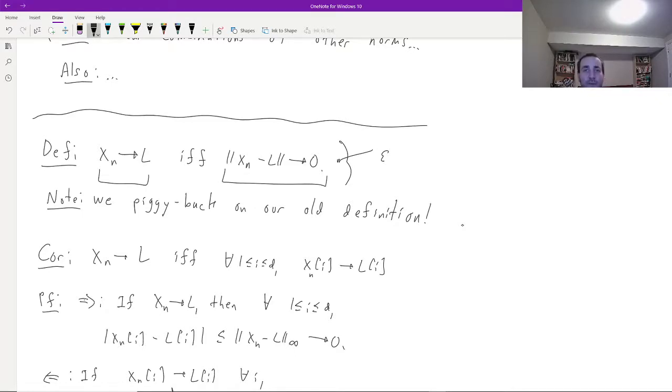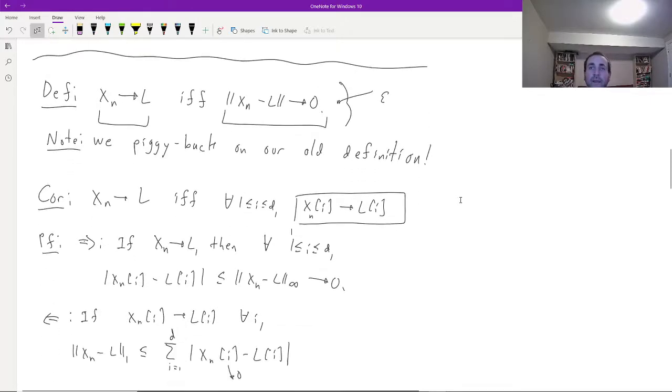Let's see what that looks like when we prove an immediate corollary. What we're going to see is the following. If I have a sequence xn in Rd, it converges to L if and only if all of the individual coordinates converge. So how do we prove something like this? Well, let's do one direction at a time.